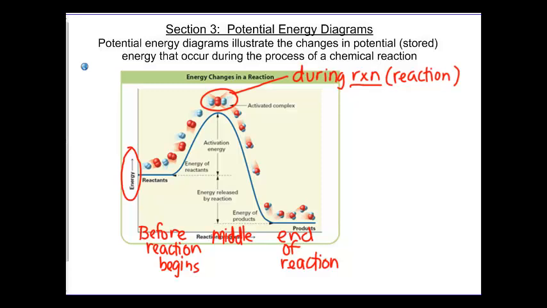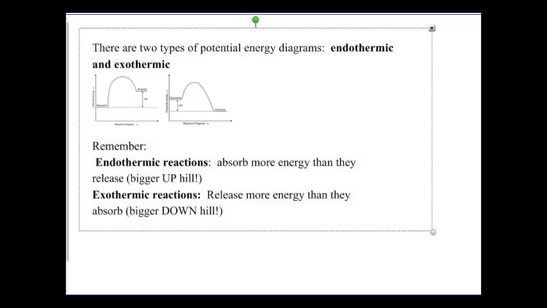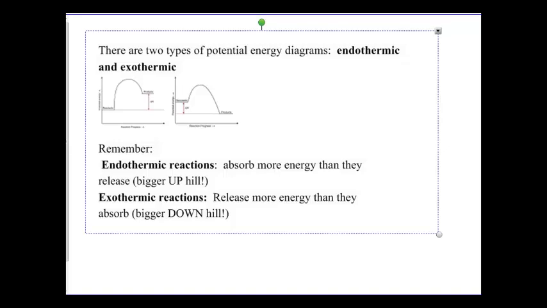And there's really two shapes of these potential energy diagrams. I call them the fun sledding hill and the not so fun sledding hill. So if you were starting here, because this is always where you start, imagine sledding on this hill. You'd have to walk all the way up here, and then you'd only be able to sled down this little bit. This is the not so fun sledding hill.